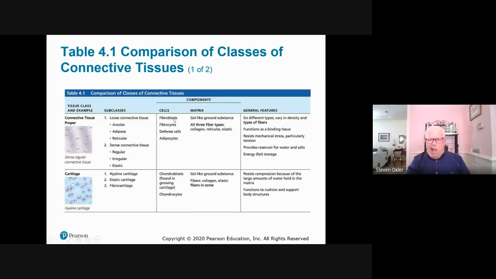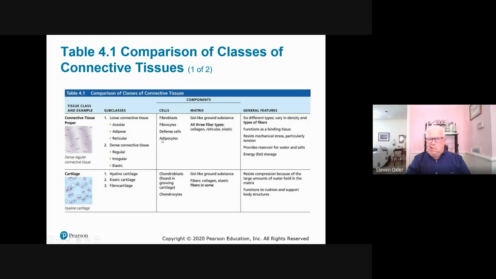So fibroblasts produce connective tissue proper. Whenever you see the word cytes, that means these cells maintain the tissue. So fibroblasts produce this, and fibrocytes maintain it. That is very, very important to understand.